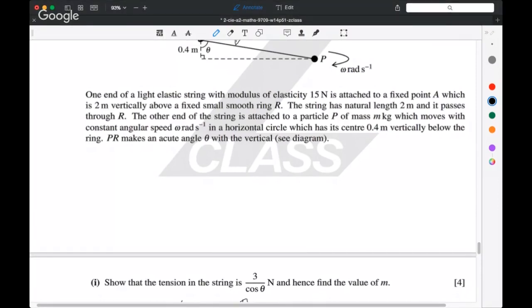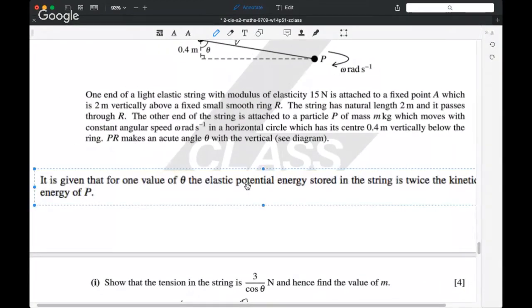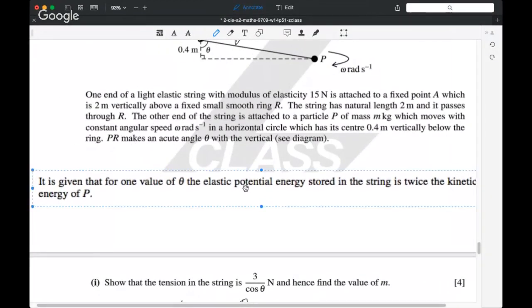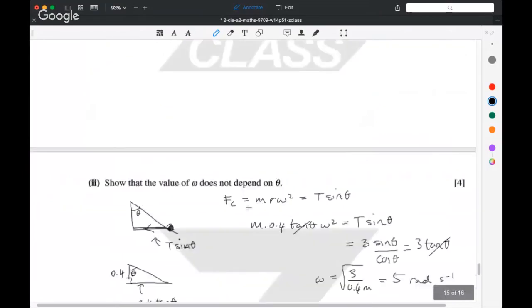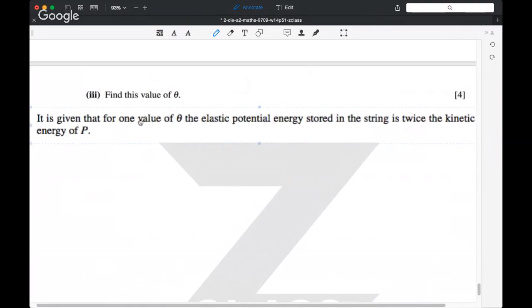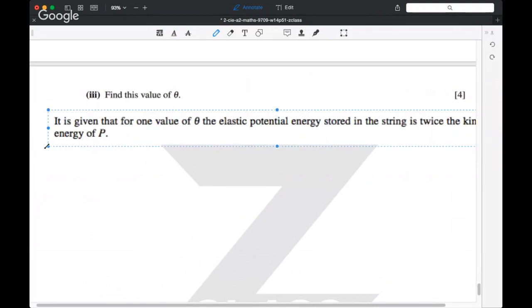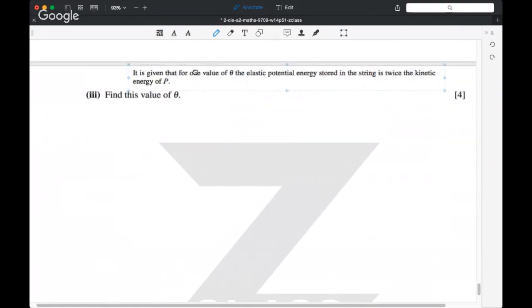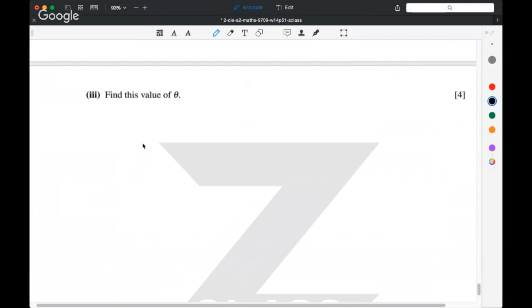It's obviously going to be conservation of energy, right? Okay, here we go. So this is the actual question, and they want us to find this value.